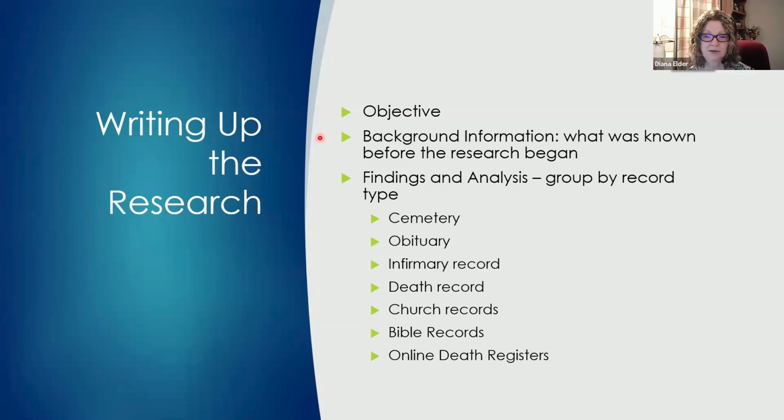So let's go through how we would do that. So the objective's already written, the background information is written, and this should be everything that we knew before the research began. And then we can start talking about what we actually found. And I think in a situation like this, where all the research took place in pretty much one geographical location, except for that New Jersey search, it could just be by record type.